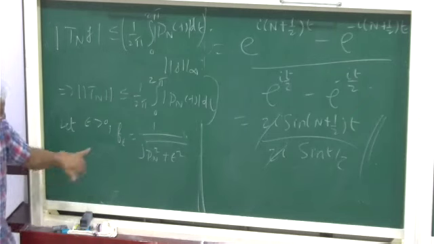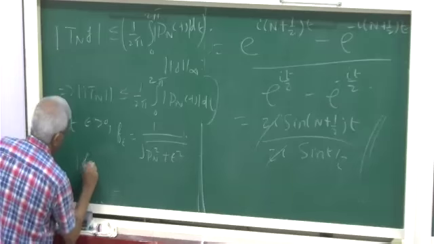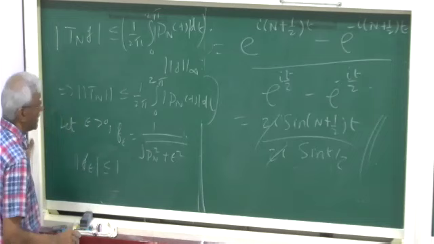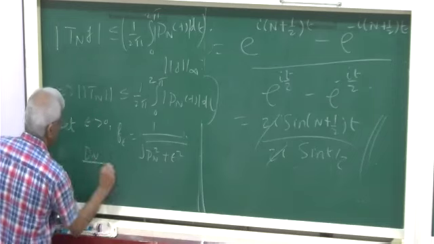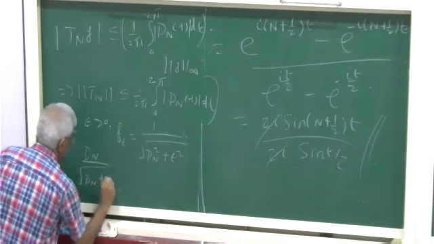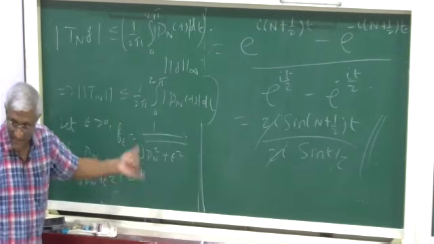But as epsilon goes to 0, this is less than or equal to 1. So Tn over the square root of Tn square is less than or equal to 1, and 1 is an integrable function.